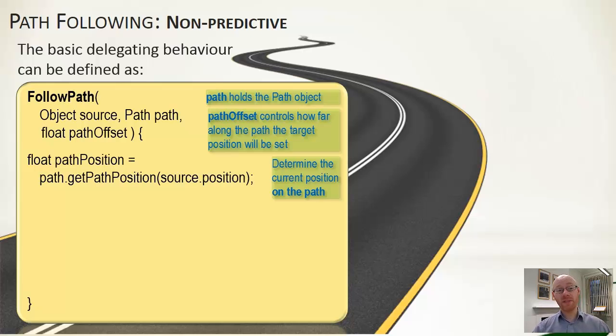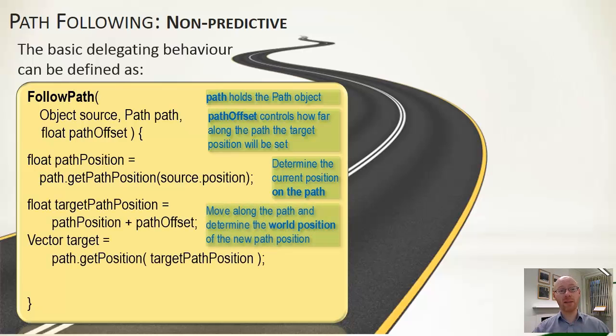Given that path position, we then work out, okay, let's use the offset to step a little bit forward. And we're also assuming that we can go back to the path and we can say, okay, for this parametric value between say 0 and 1, what's the corresponding target location that we would have for that? Given this, we can then seek towards that particular location for the target in hand that's following the path.